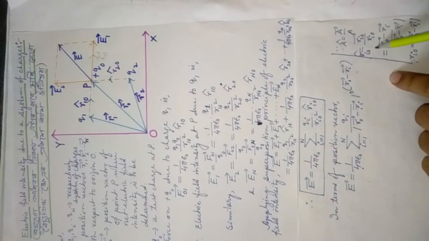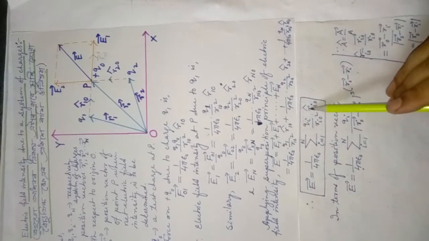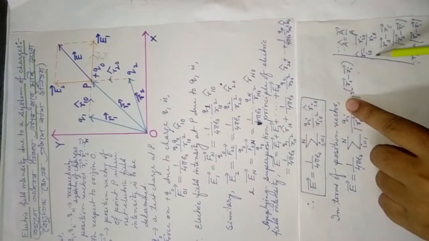Divided by the magnitude. Magnitude means you have to take the modulus of this vector. Now if you put the value of r cap i0, which means this one here, divided by the modulus of r0 vector minus ri vector.